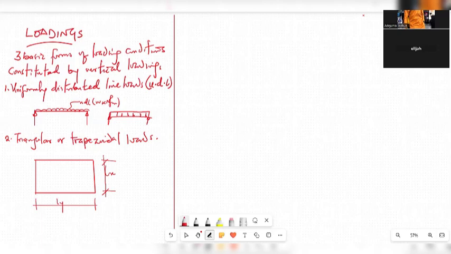I said the yield line tells of the proportion or the amount of load that is transferred or transmitted to any portion of the slab or any size of the slab.